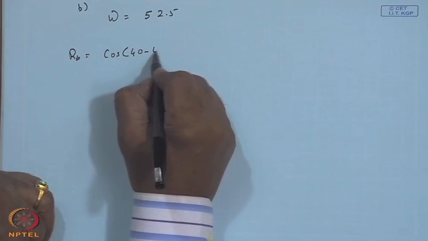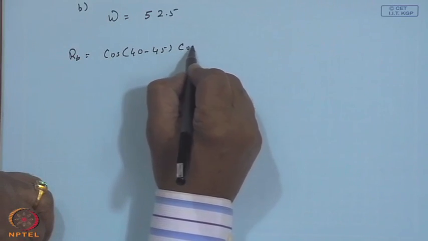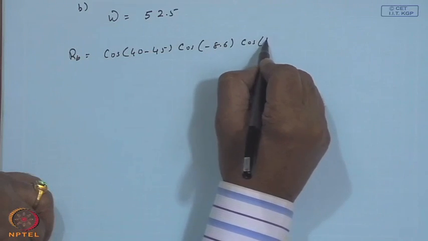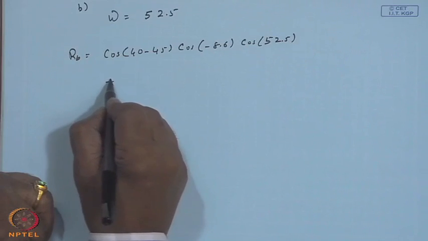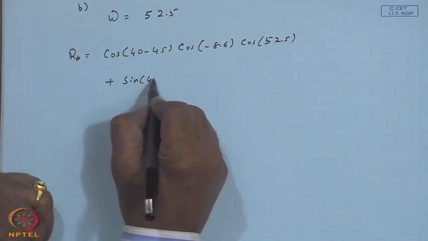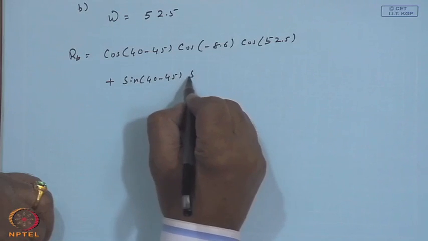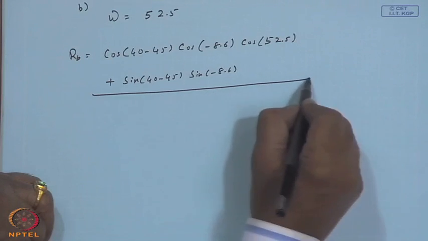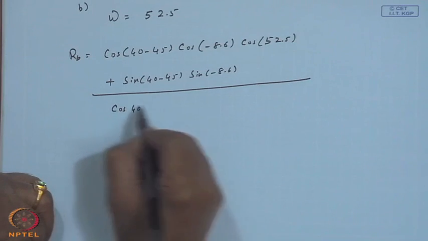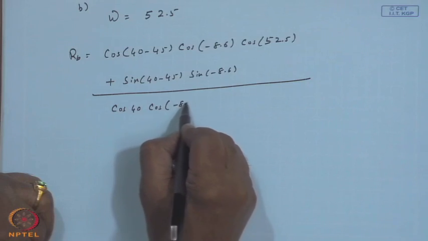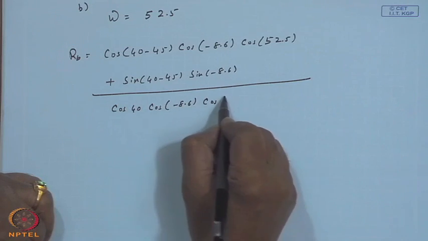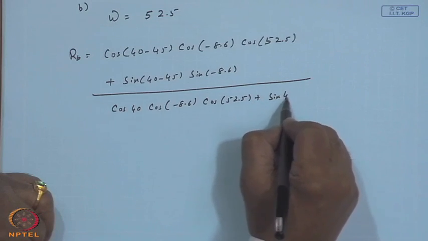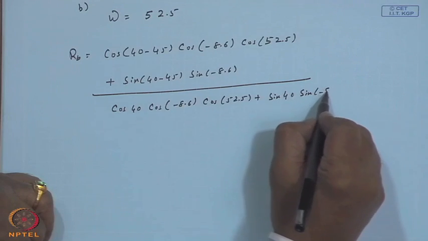cos(phi minus beta) cos delta cos omega plus sin(phi minus beta) sin delta, upon cos phi cos delta cos omega plus sin phi sin delta.